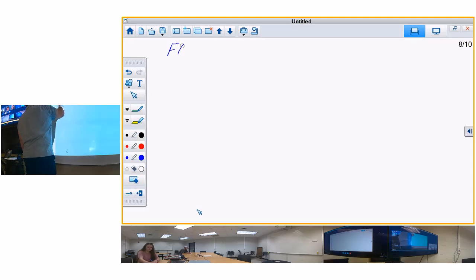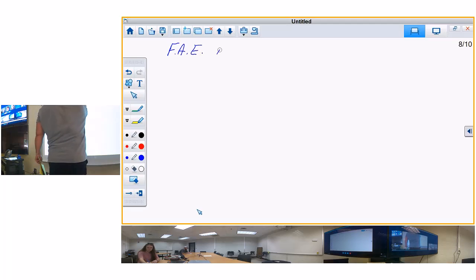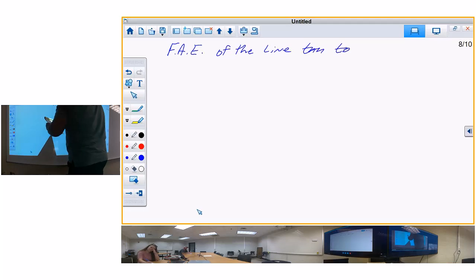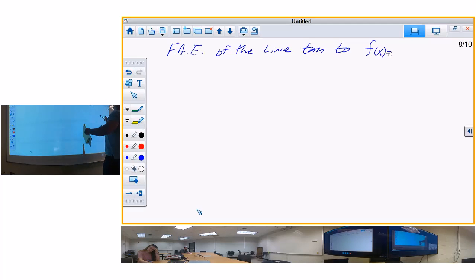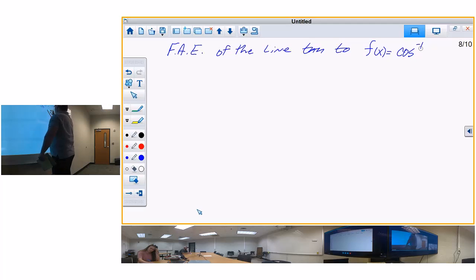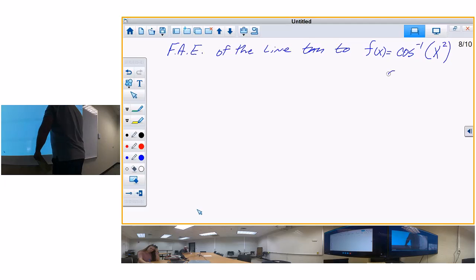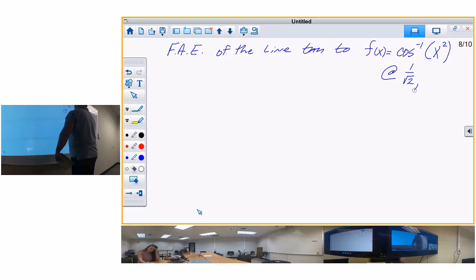Find an equation of the line tangent to f of x equals inverse cosine of parentheses x squared, at 1 over square root of 2, comma, pi over 3.